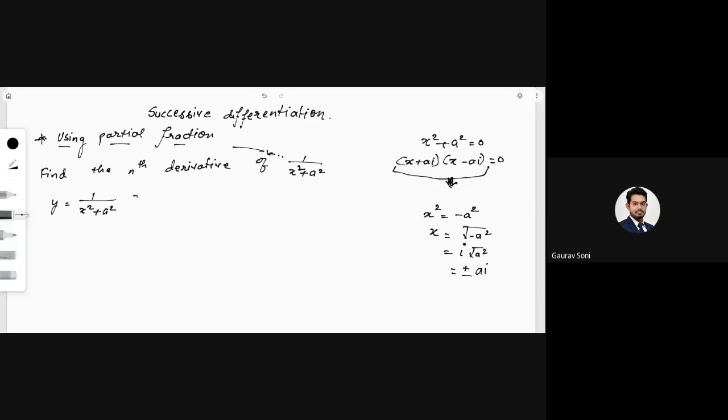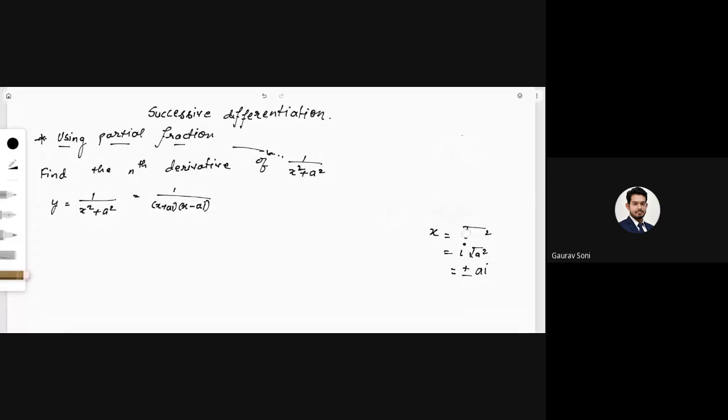So this I can write as 1 upon x plus ai, x minus ai. Now we can use the partial fraction over here.